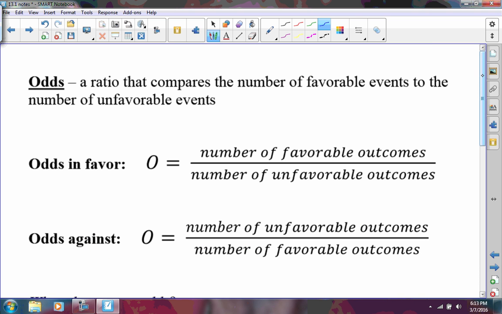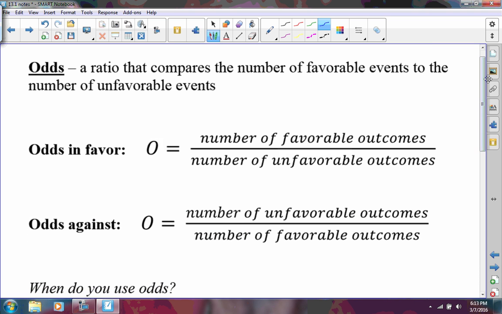Odds are slightly different, and in the real world we kind of use these terms, probability and odds, interchangeably, but mathematically, there's a difference between them. And odds is a ratio that compares the number of favorable events to the number of unfavorable events.